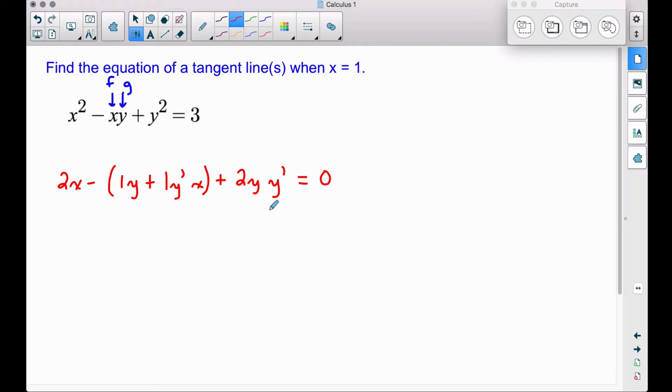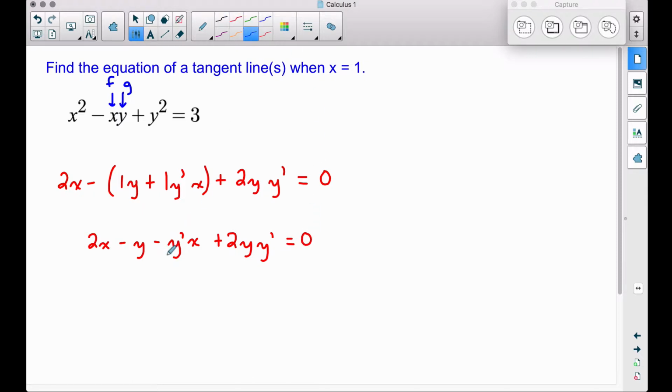Now let's work on getting y prime by itself. You don't have to do that in this case, but I'm going to go ahead and do that anyway. So distributing this negative, 2x minus y prime x, I distributed the negative here and here. Now let's bring down the plus 2y y prime, this is equal to 0.